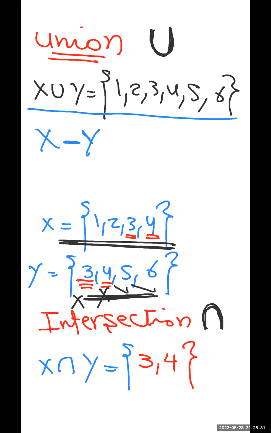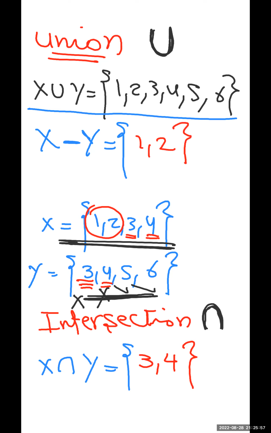Yes, of course. X difference Y means the elements which exist only in X, not in Y. So 1 and 2, correct? Because 3 and 4 exist inside Y. So X difference Y is 1 and 2.